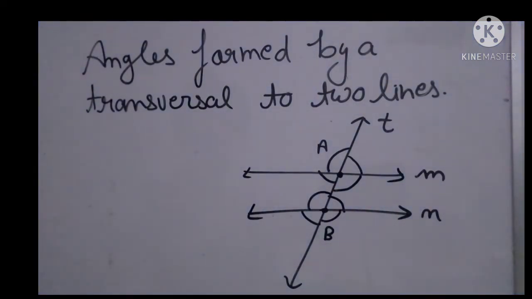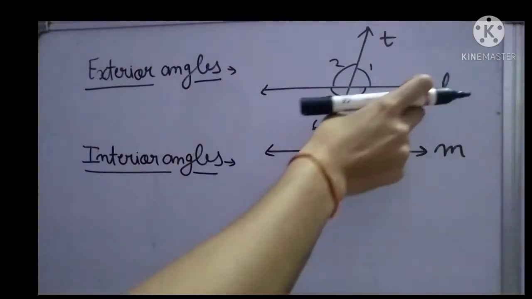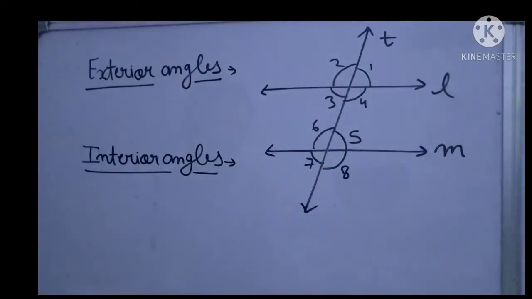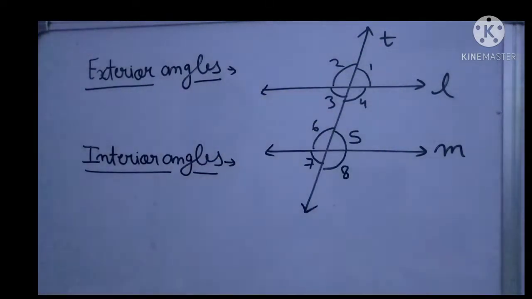So now we discuss in detail which kind of angles these are. Now students, you can see here we have two lines L and M and a transversal T. So this transversal T formed these angles at these lines.